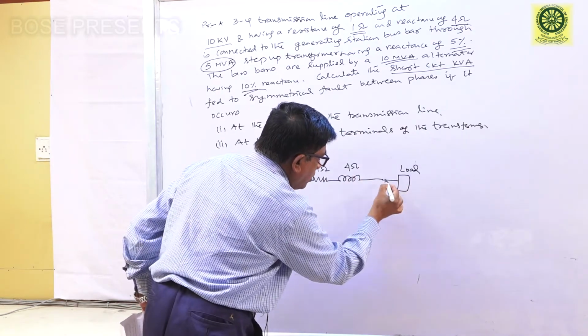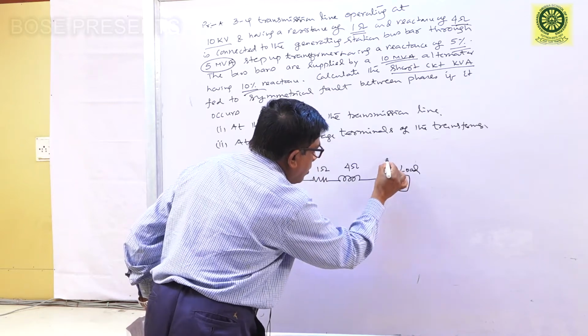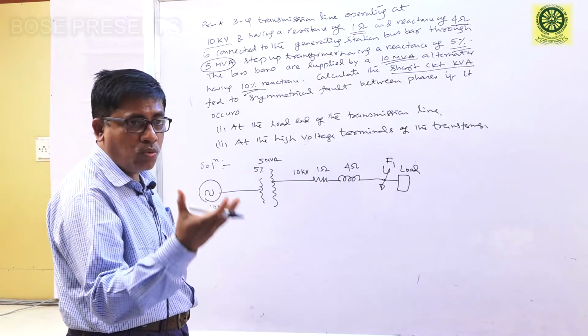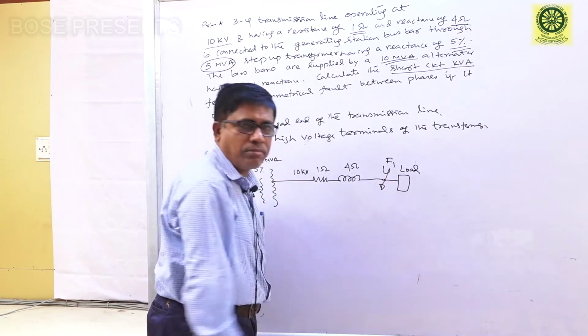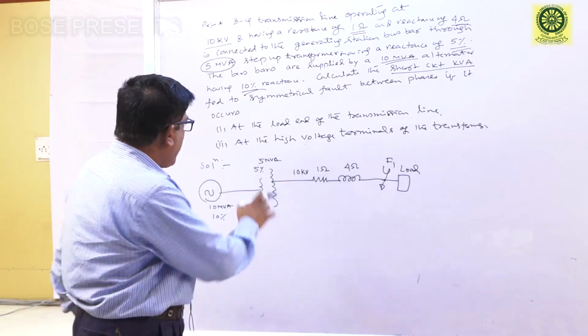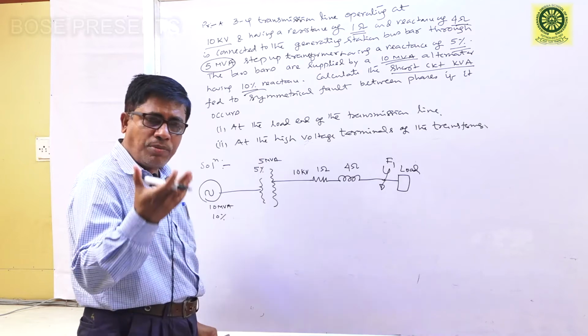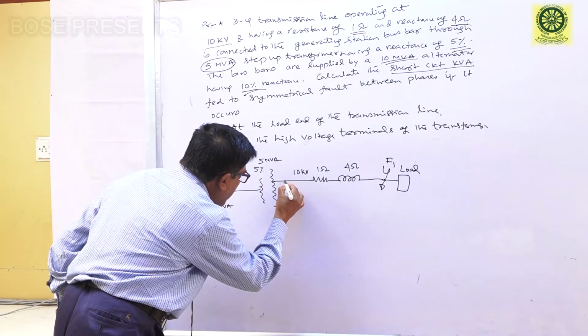This is your load end. So you have to calculate the short circuit KVA at this fault point. Again, at the high voltage terminal of the transformer, you have to calculate the short circuit KVA at the high voltage side.